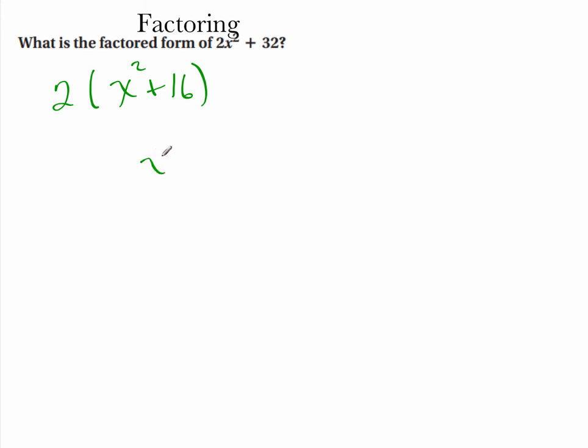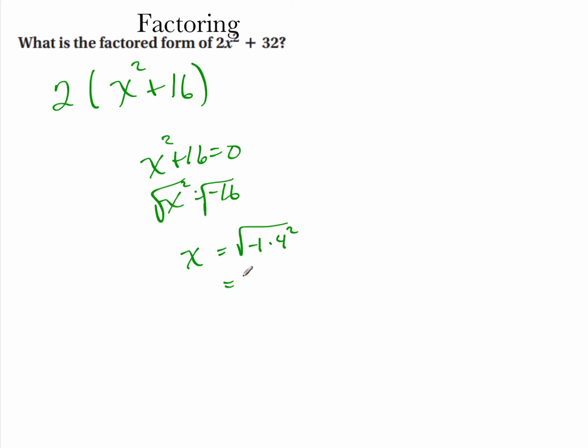Let me set x squared plus 16 equal to 0. So I have x squared is negative 16. Square root both sides. So x is the square root of negative 1 times 4 squared, which is i times 4, 4i.